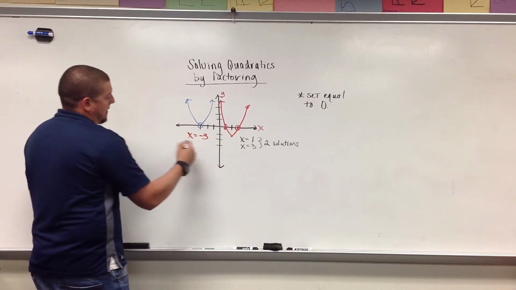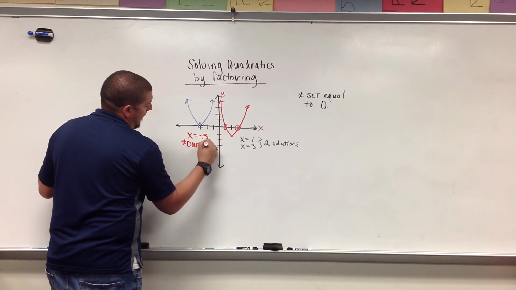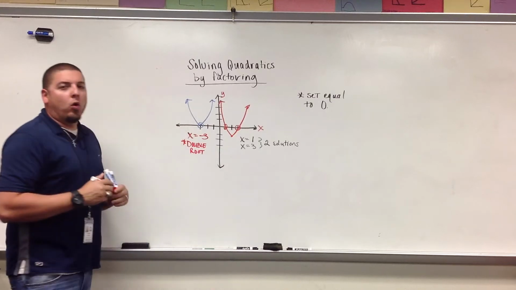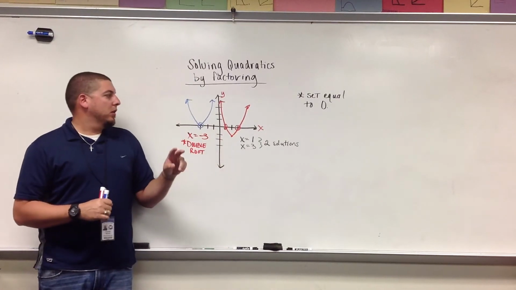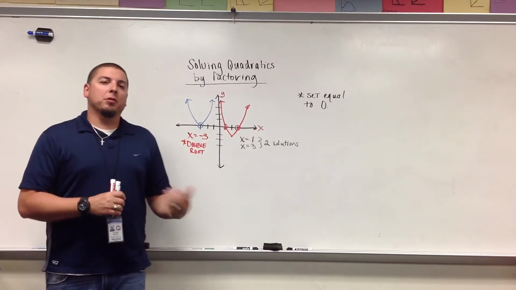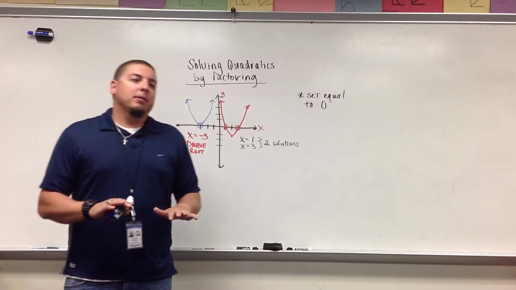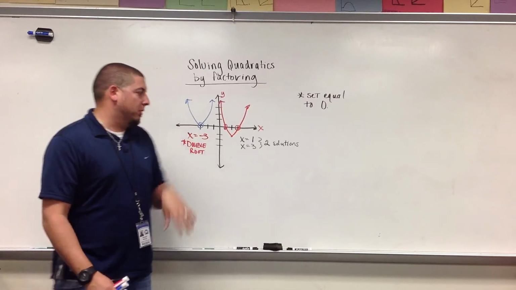In this case, this would be called a double root. Anytime you only get one root, because ideally we're looking for two roots, but if you only get one root, we usually call it a double root, and that's just very broad, generic, baseline information.